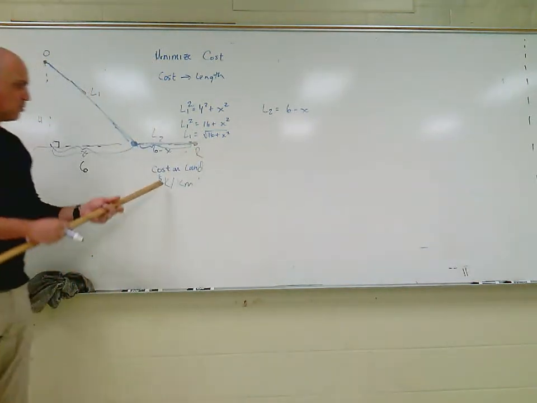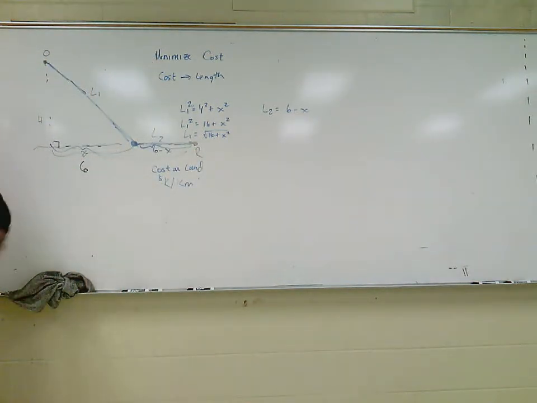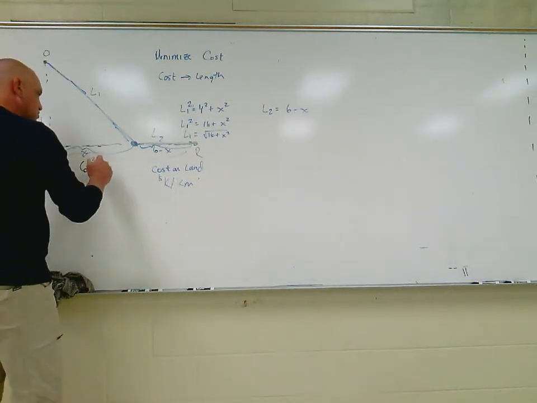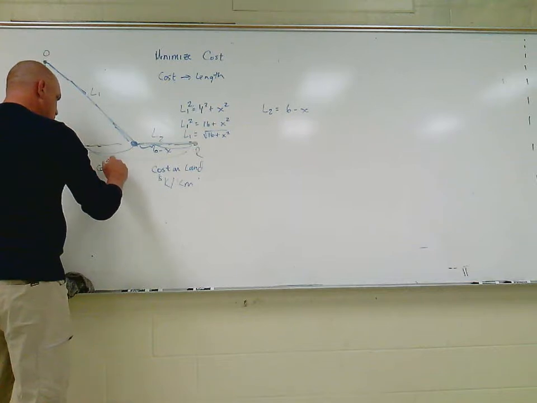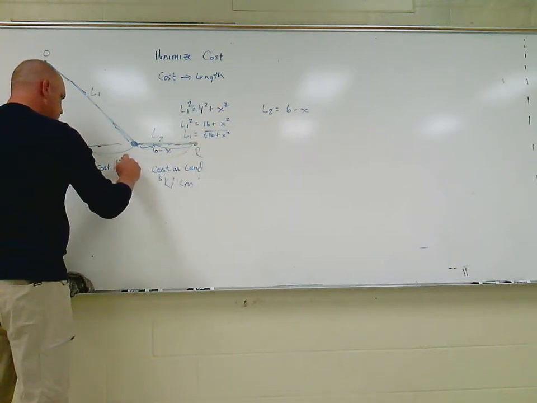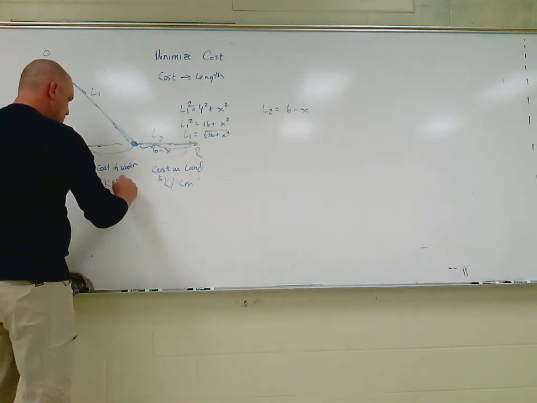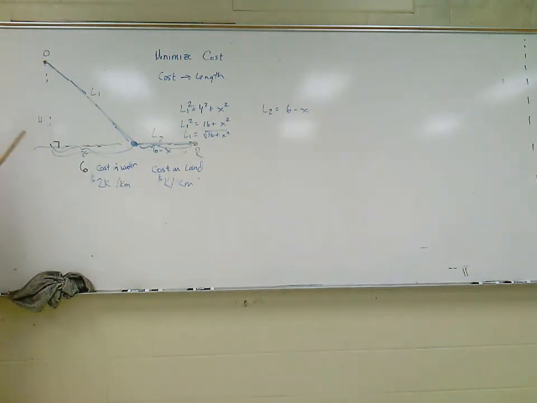Okay, so we'll say that the cost on land is K dollars. We don't know what it is. $10 per kilometer. We know it's not $10 to put an oil pipe there, but whatever, K dollars. So therefore, the cost in water is going to be $2K per kilometer. Okay? So I'll just double whatever this one is.